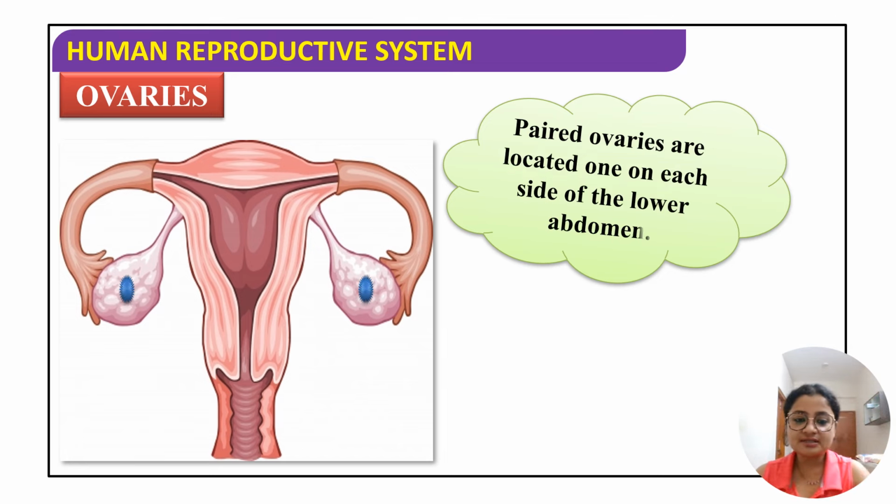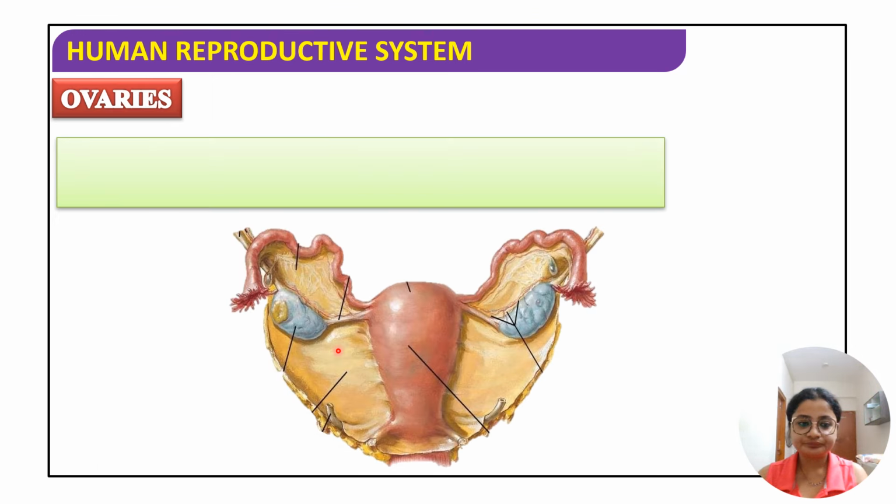So paired ovaries are being highlighted in this image as you can see. They are located one on each side of the lower abdomen. This is basically another view of the ovaries.